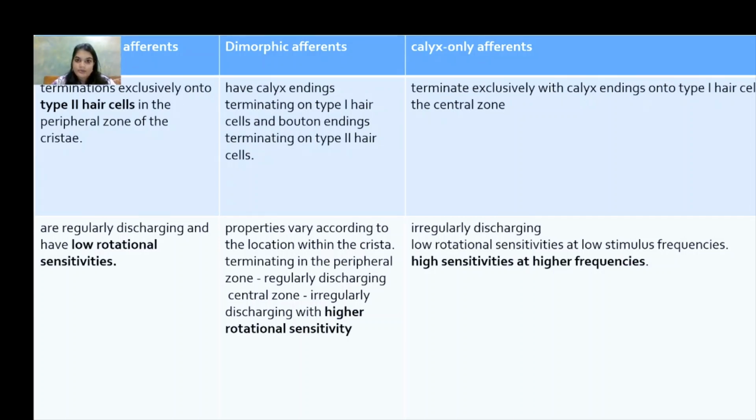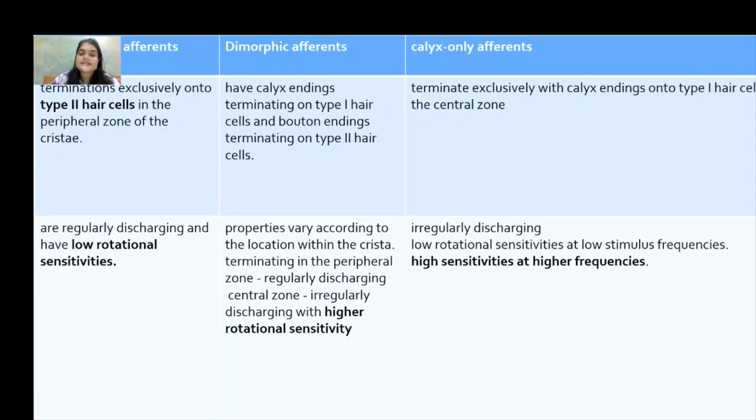Type 2 hair cells have bouton afferents. So bouton-only afferents are exclusive to type 2 hair cells and they are present in the peripheral zones of the cristae. The crista is saddle shaped, so there is a central zone and a peripheral zone. The bouton afferents in type 2 hair cells are present at the peripheral zone alone, and these are regularly discharging, so they have low rotational sensitivities.